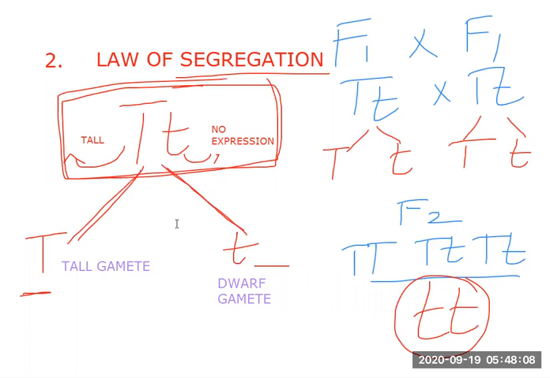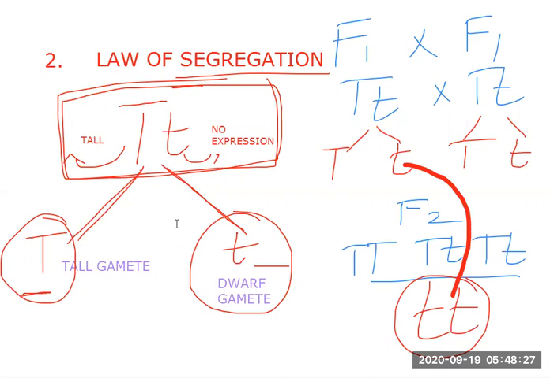The segregation of alleles results in the expression of the tall gamete, as usual. Now the dwarf gamete also came for expression, and the combination of the expressed dwarf small t can make the formation of a dwarf plant.